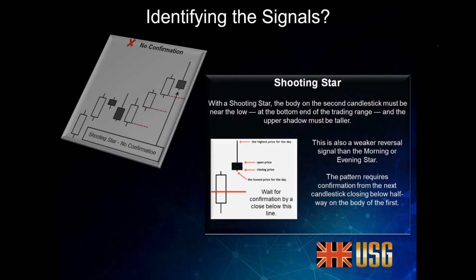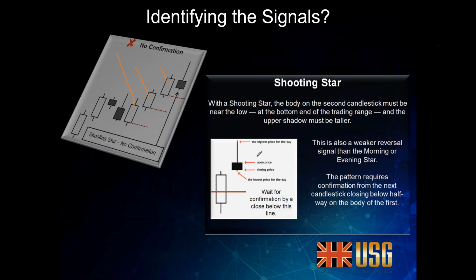If you ever see shooting stars, any type of doji, outside range days, any kind of signal when it comes to trading with candles, you need to have confirmation on that signal. Don't jump in. If you see an uptrend like here, this candle's bullish, bullish, bullish, shooting star.